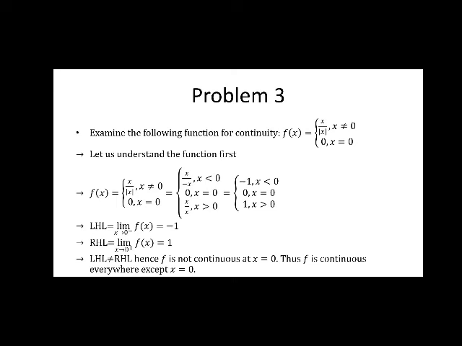Therefore for the entire function, I can say the function is continuous everywhere except at x equals to 0, because the function will always be continuous at any other point, because all the other points remain in one of its branches, but x equals to 0 being the branching point, and as it is not continuous at that point, the function is continuous everywhere, but only leaving 0.